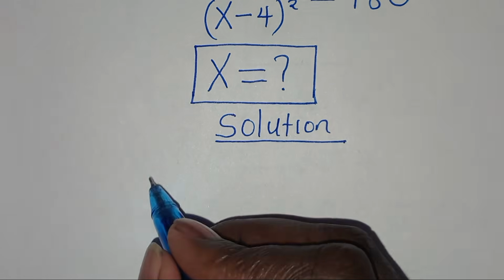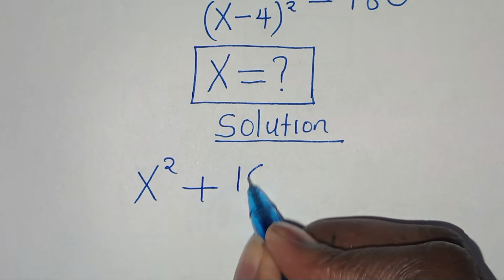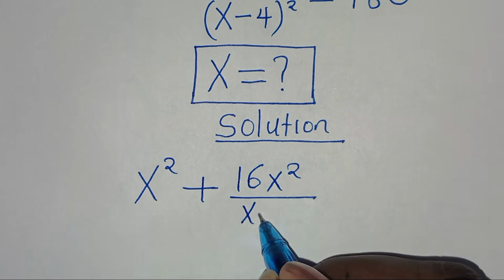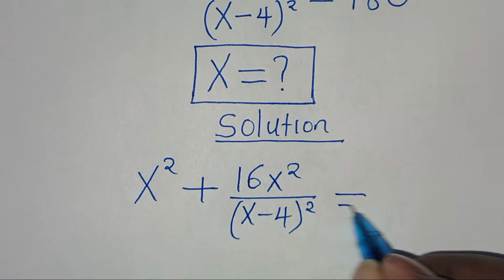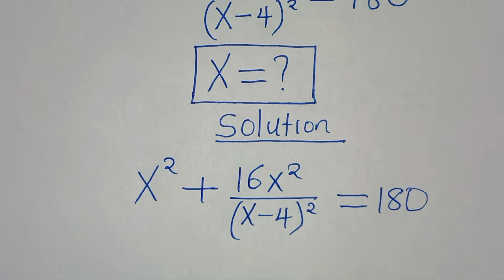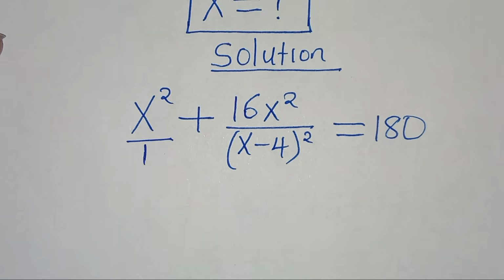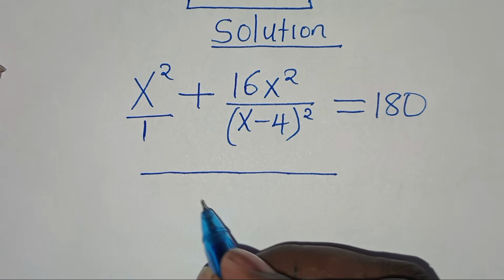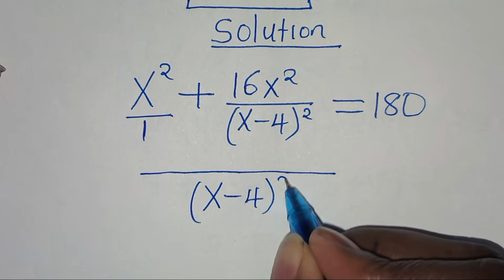So we have x to the power of 2 plus 16x squared divided by (x minus 4) to the power of 2, equal to 180. Now, x squared is our number, so this is over 1. And the LCM here is (x minus 4) raised to the power of 2.